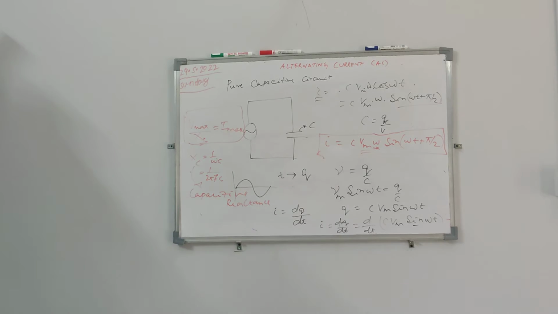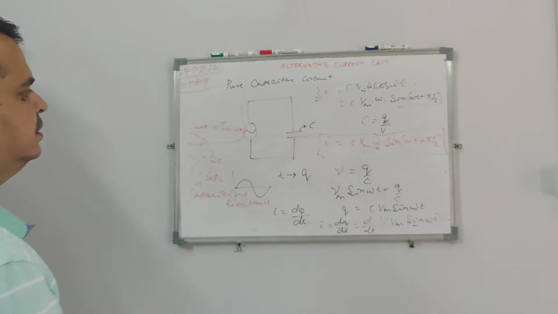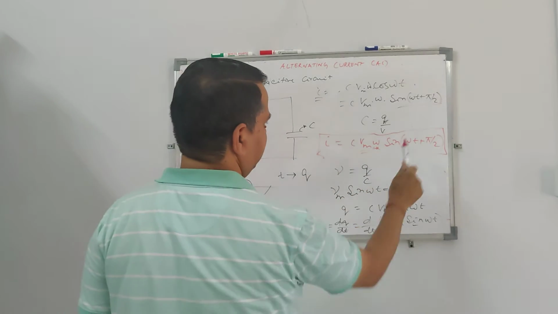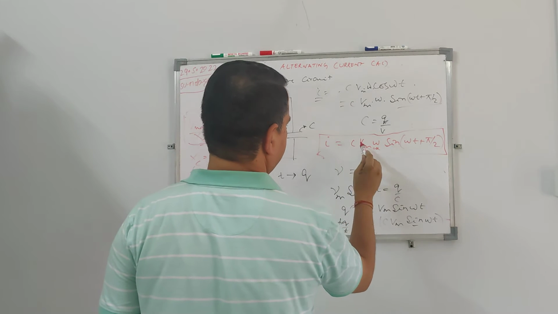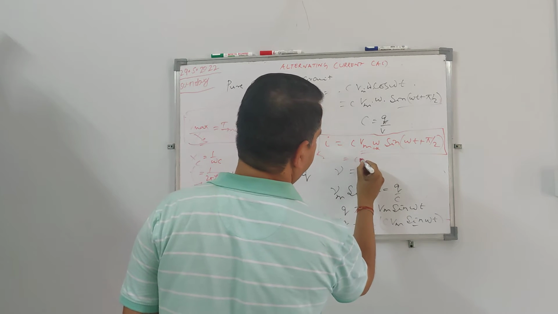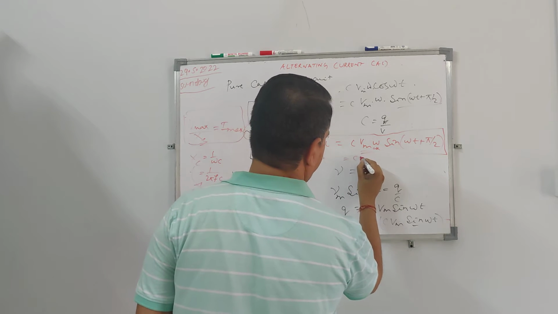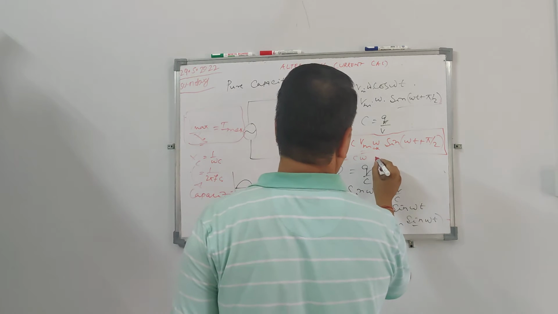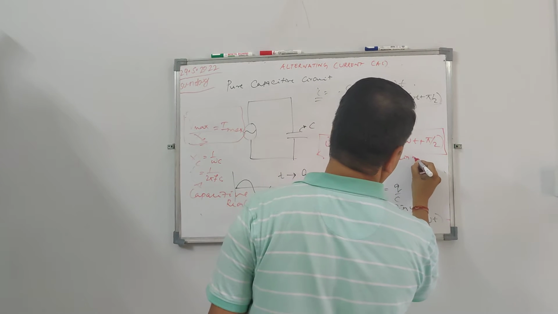XC is equal to 1 by omega c. And I is equal to Vmax into sin omega t plus pi by 2 divided by 1 by omega c. So if you combine this, it is actually c omega, right? So c omega into Vmax into sin omega t plus pi by 2. So current will be ahead by pi by 2.